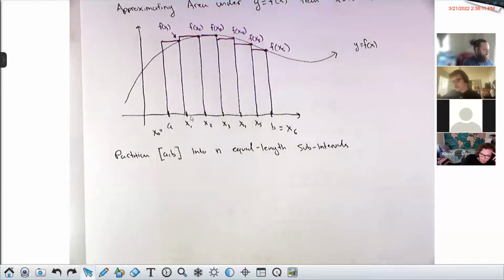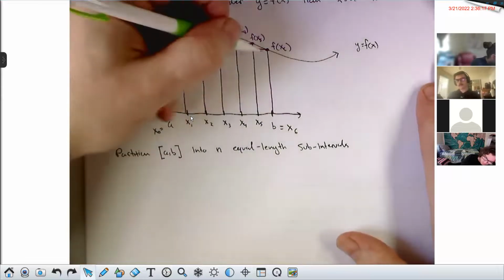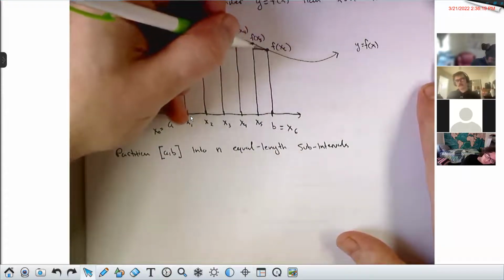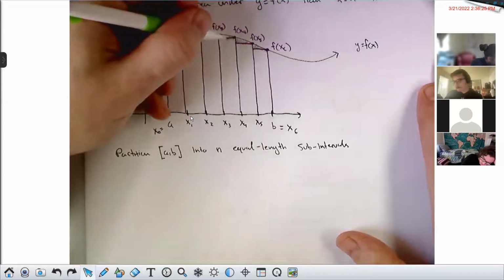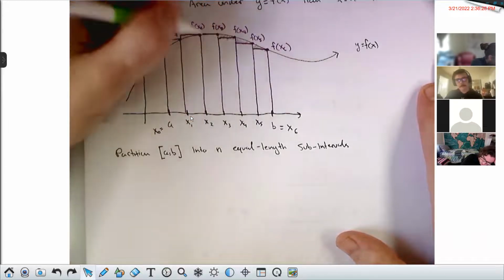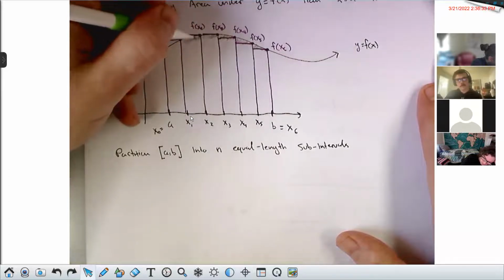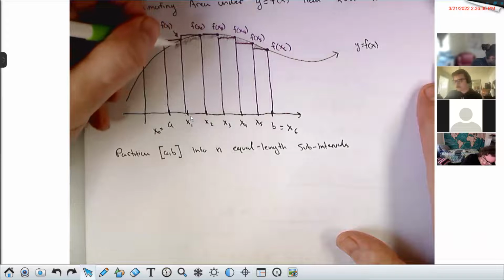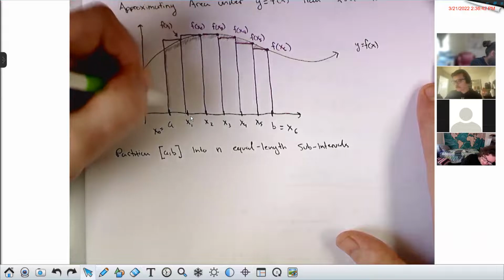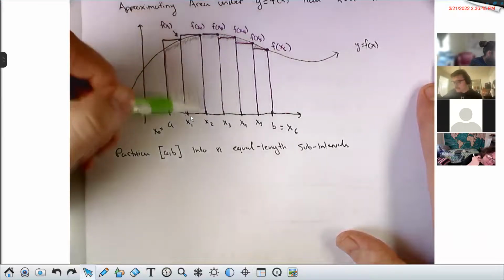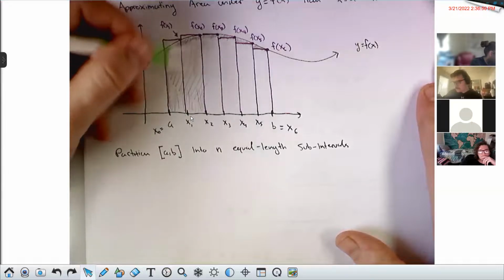I'm going to shade the area that we're trying to approximate. My art is bad. I don't feel too bad about it.